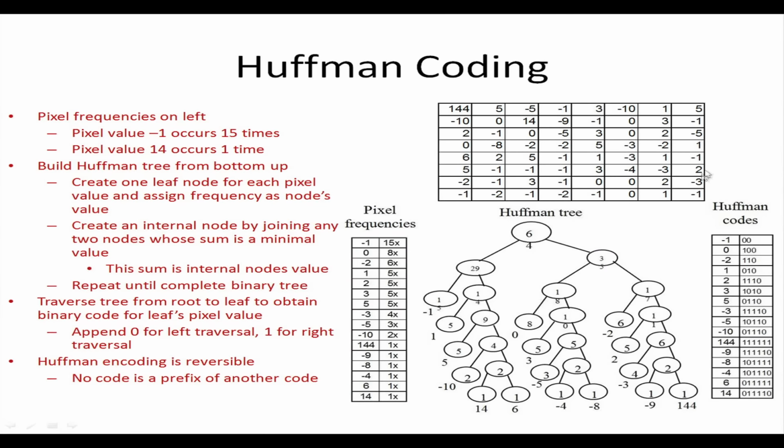In this matrix, I find these different pixel values here, -1, 0, -2, all the different pixel values that I have, and I look at the pixel frequencies, how frequently they appeared.